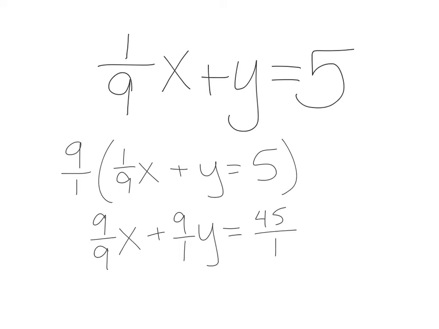So let's just make these fractions look prettier. 9 divided by 9 would just be 1, so I'd have x. 9 divided by 1 is just 9, and 45 divided by 1 is just 45. So these two equations are equivalent because they are multiplied or divided by a single constant.